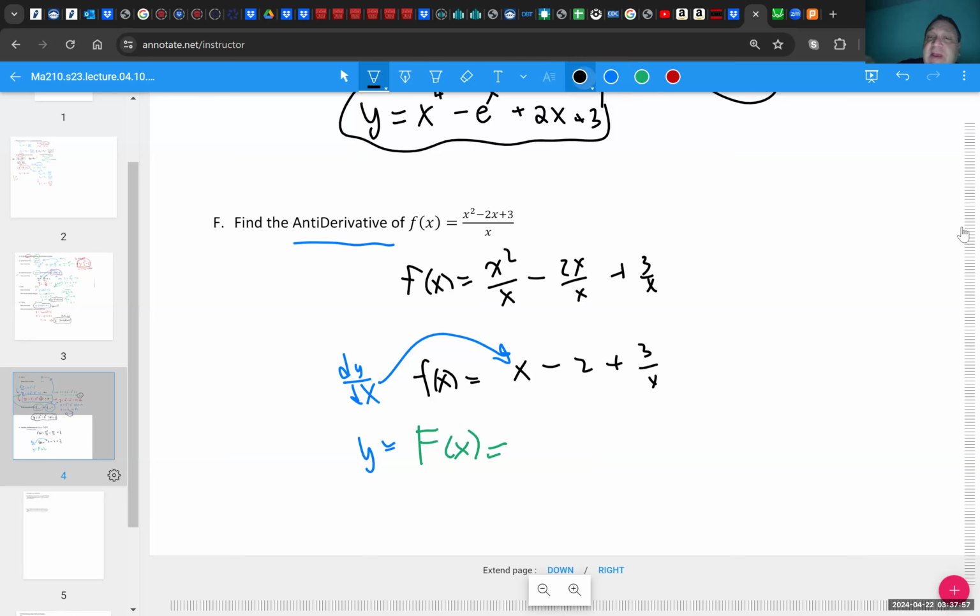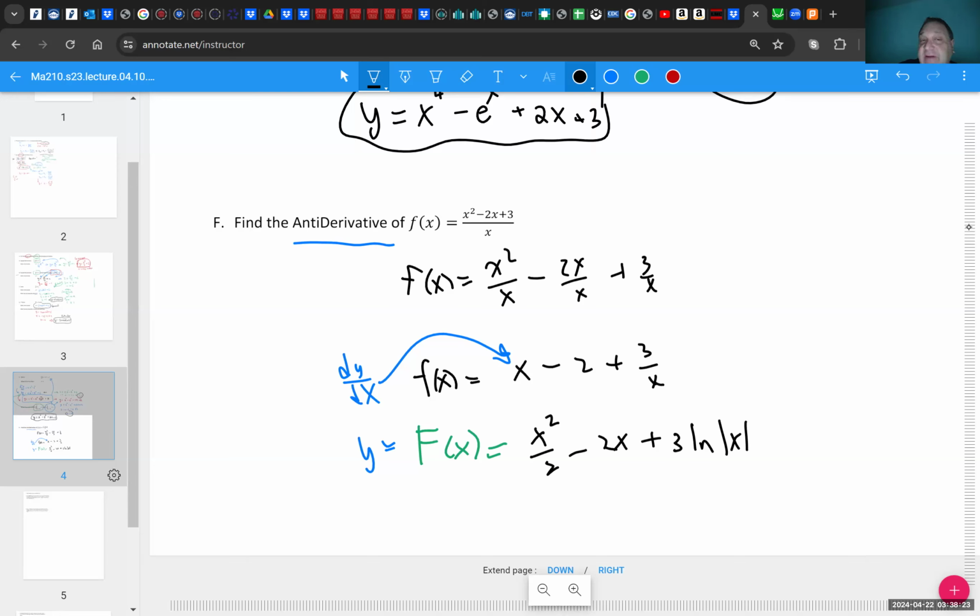And then once again, we just have to do the antiderivative of each of these things. The antiderivative of x is x squared over 2. The antiderivative of 2x. The antiderivative of 3 over x is 3 ln x. Officially, it's the absolute value of x. We're not going to be worried too much about absolute values at this point.